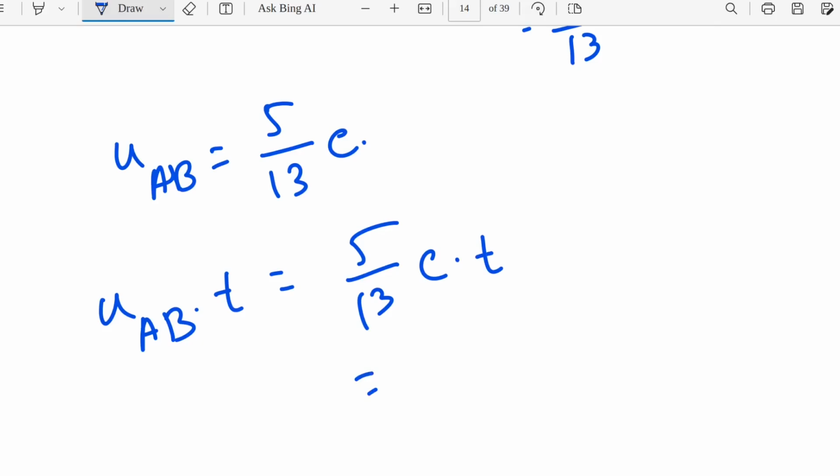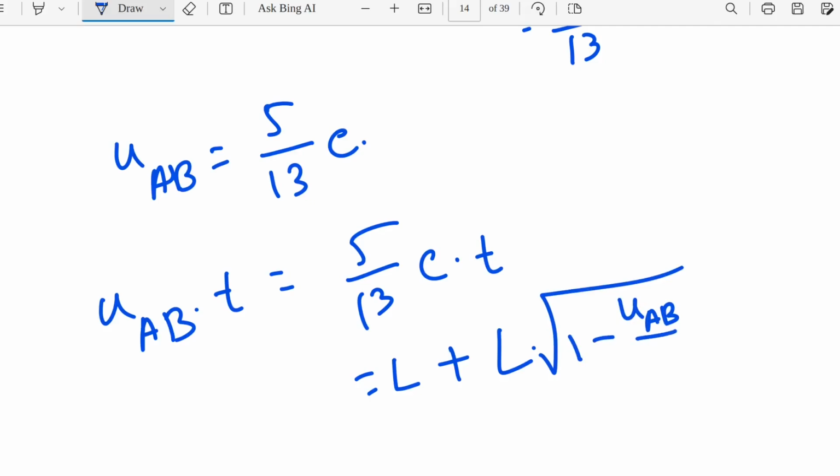That should be equal to the distance fully covered by B, I mean the length of B which is L, plus there will be length contraction because of the high speed, L into root of 1 minus UAB square by C square.